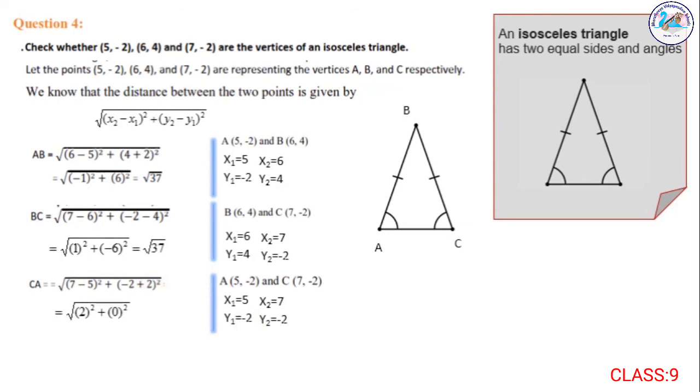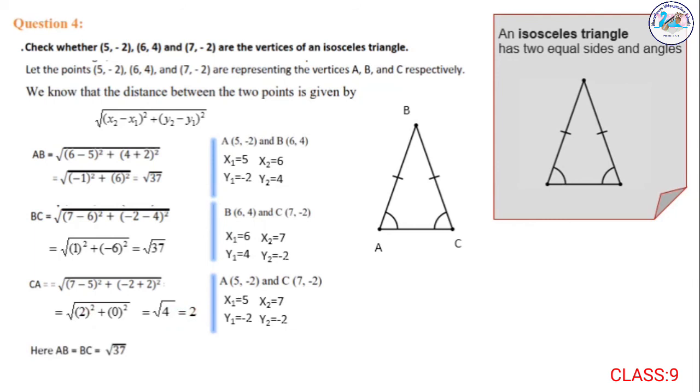Calculation: 7 minus 5 is 2, square plus -2 plus 2, which is 0. So the final answer is 2 square, 2 square is 4, root of 4 is 2.